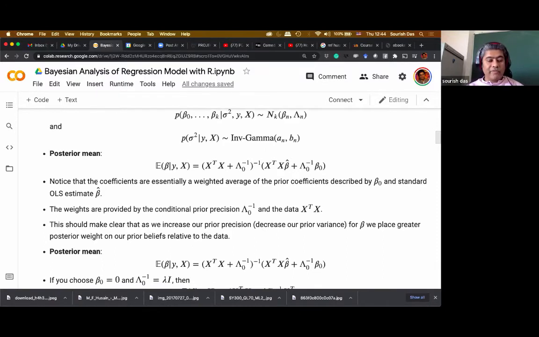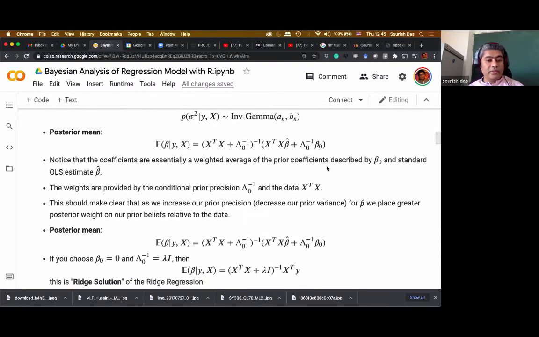That's what I have written here: notice that coefficients are essentially a weighted average of prior coefficients described by beta 0 and the standard OLS estimates. And depending on how much data you have, what your sample size is, as the sample size increases, you can do a simulation study. In fact, as the sample size increases, the effect of beta naught will gradually wash out. So that you can see.